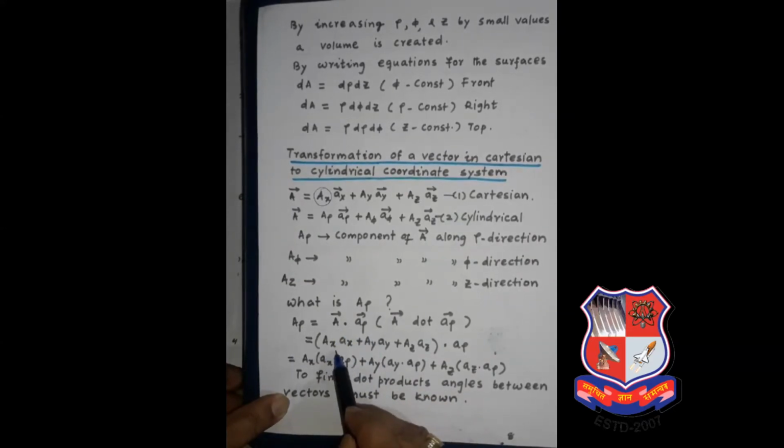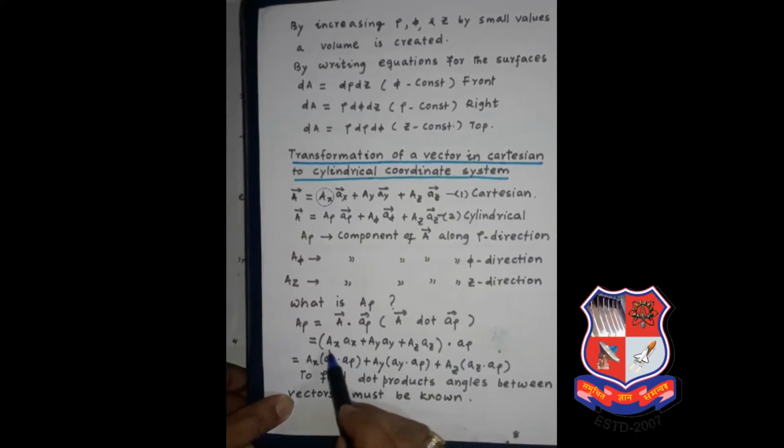So now write down the equation for A: it is Ax ax plus Ay ay plus Az az, dot a rho. These capital Ax, capital Ay, capital Az are either constants or some coefficients, and these lowercase are the vector directions.